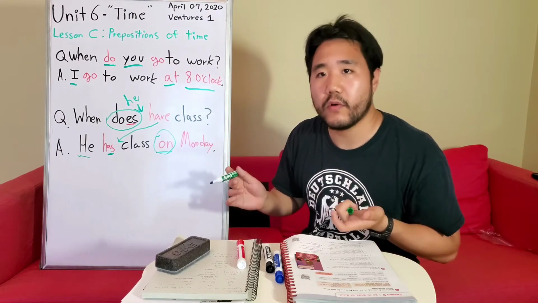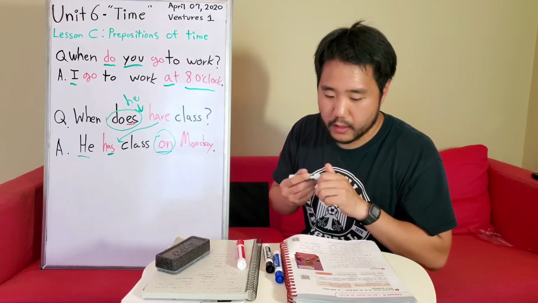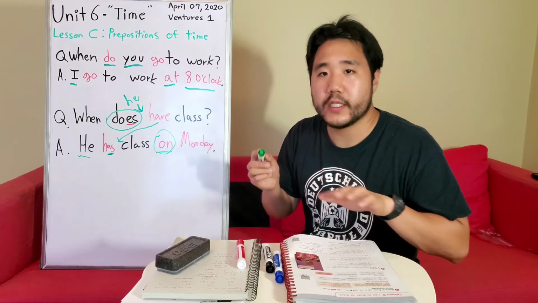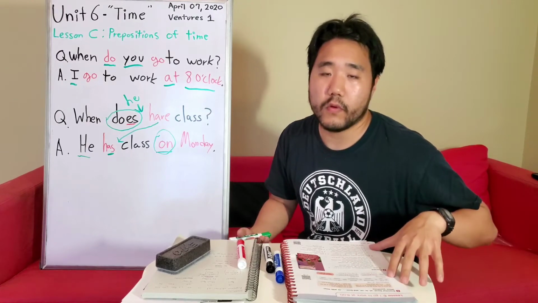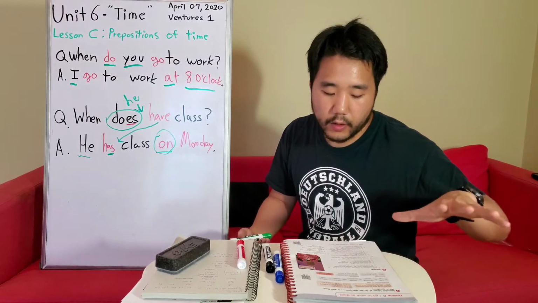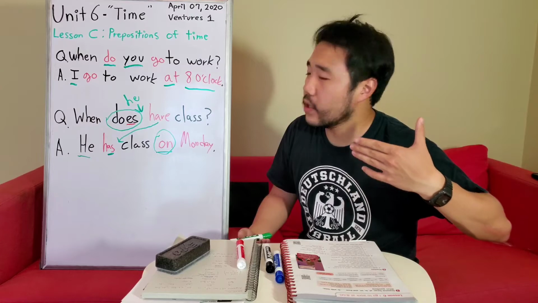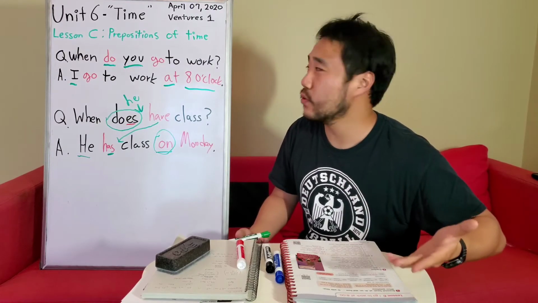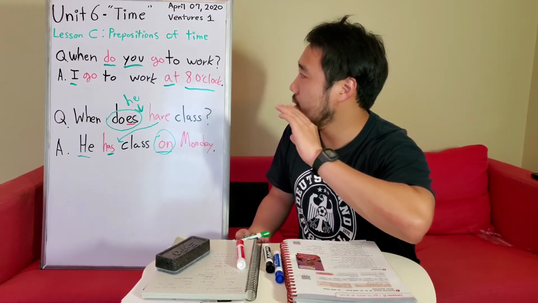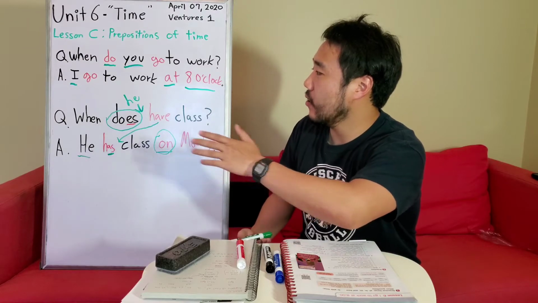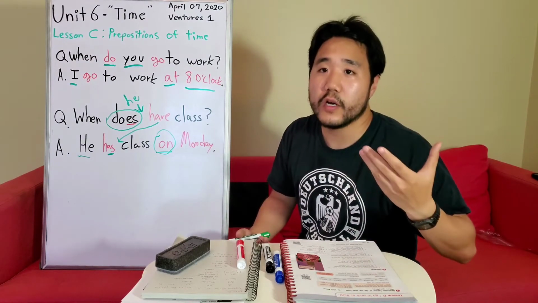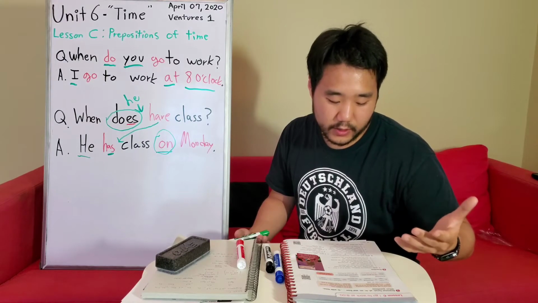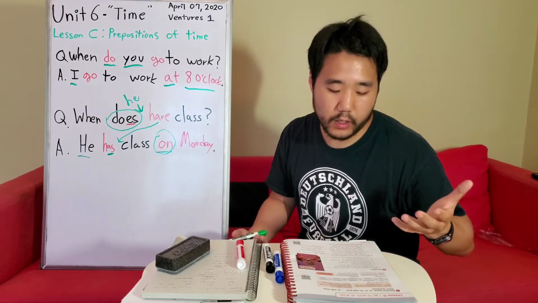But as I said before, there's more detail in the student's book on page 74. Now, since we kind of know the rule behind at, in, on, we're going to do some practice with exercise 2 on page 74.